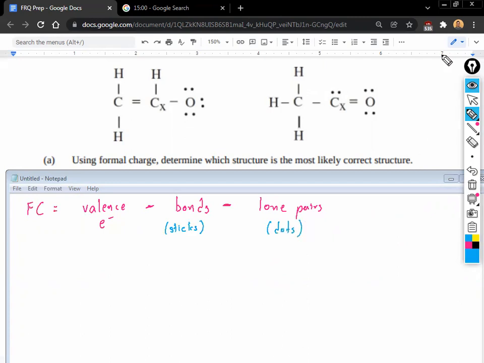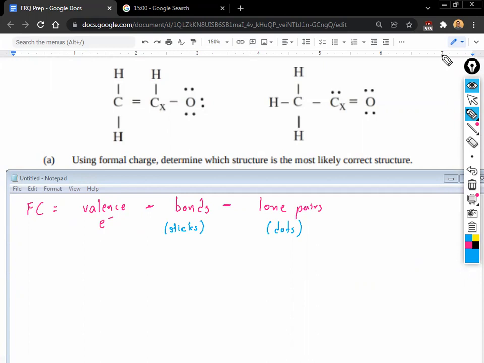So formal charge is valence electrons minus bonds minus lone pairs, or minus sticks minus dots. We're going to calculate the formal charge of the carbons and the oxygens inside that structure, because hydrogens are always going to have just one bond. It's going to be 0.